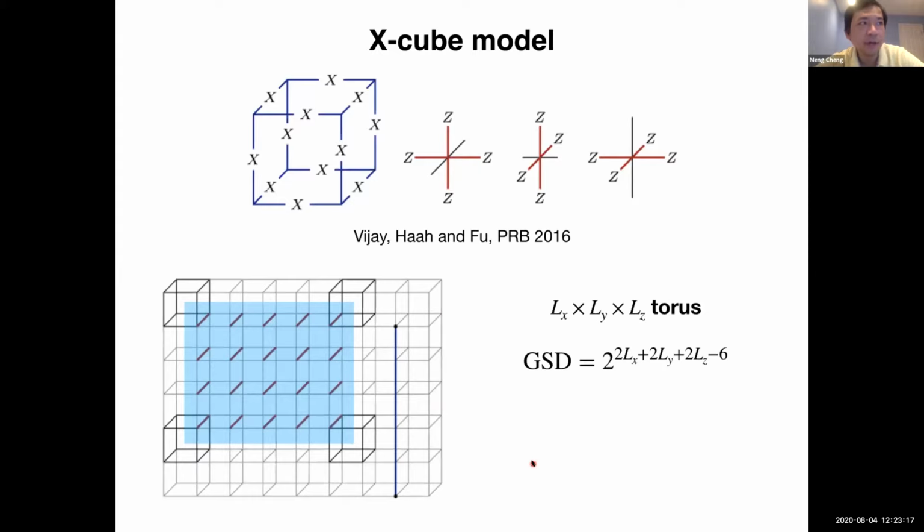And we can also compute the ground state degeneracy on a torus, just by imposing periodic boundary conditions on the cubic lattice. And this is a stabilizer model, so it's easy to count the number of ground states. And the result we get is 2 to the 2Lx plus 2Ly plus 2Lz minus 6. So there's this exponentially growing piece, but then there's also a constant offset. And all these ground states are topologically protected.